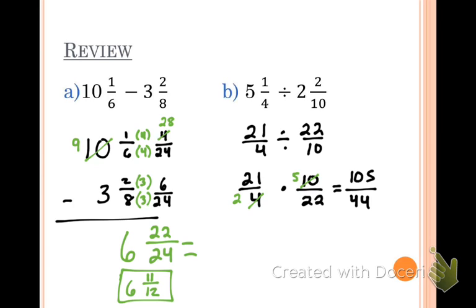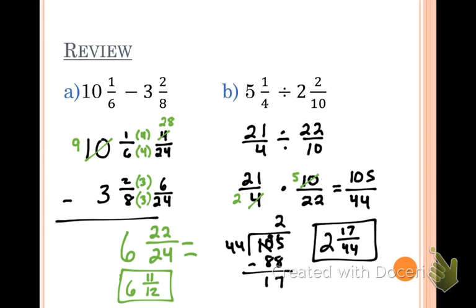Now, this is where people made silly mistakes. This is just a division problem. 105 divided by 44. We know it can go in 2 times. And then the answer is 2 and 17 44ths. That's what I got. I did the same thing too.